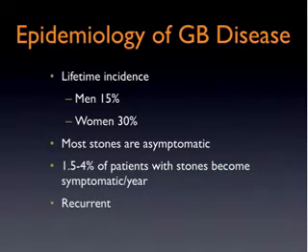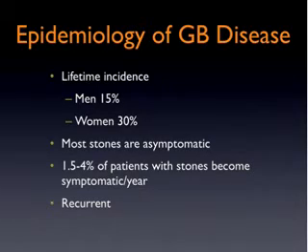Now, regarding gallbladder disease specifically, men have a lifetime incidence of around 15% for suffering from gallbladder pathology, while women are about 2 times as likely. Most stones tend to be asymptomatic. However, once a stone is identified, there is a certain baseline rate of patients developing symptoms over the course of each year.